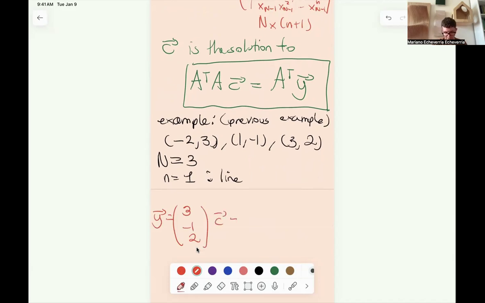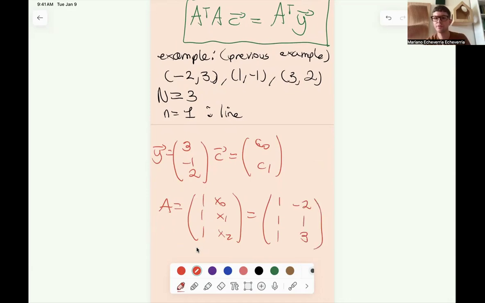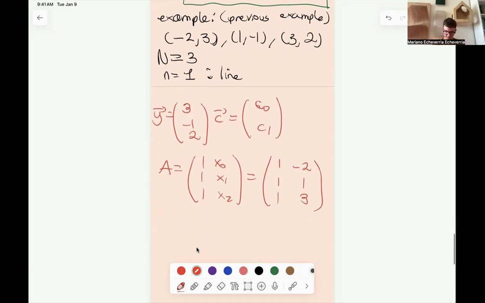The coefficient vector is c0, c1, because a degree 1 polynomial only has 2 coefficients. And the matrix A, we also talked about it. The matrix A is always 1, 1, 1, and then x0, x1, x2. There are no higher powers because it's degree 1. So in this case, it was 1, 1, 1, -2, 1, 3. Okay. So how do the normal equations look in this case?